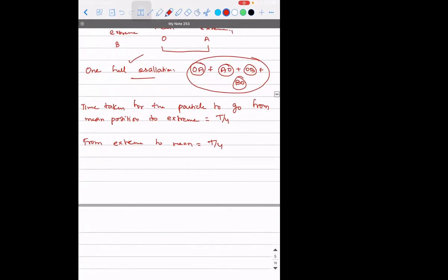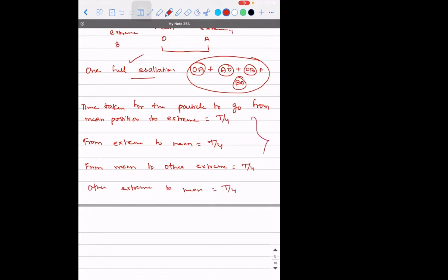Now where is the particle? It has gone to one extreme and come back. From mean to the other extreme will be T by 4, and from the other extreme to mean is T by 4.